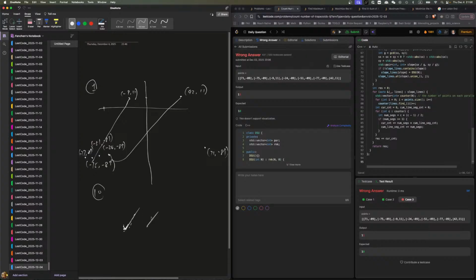So for the same slope, I have the number of points. And what can happen is these points also belong to another parallel. Oh my god. Oof. How are we going to, oh man.